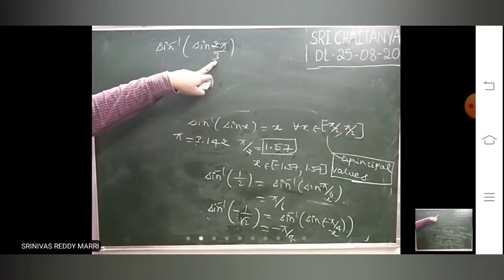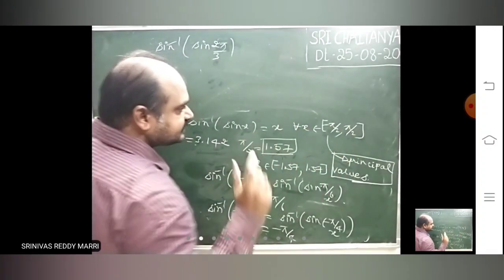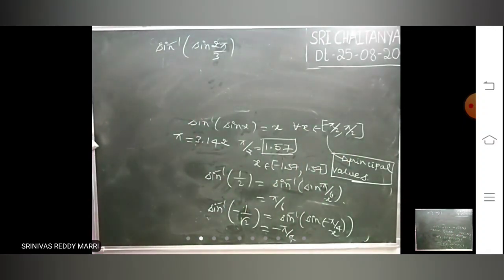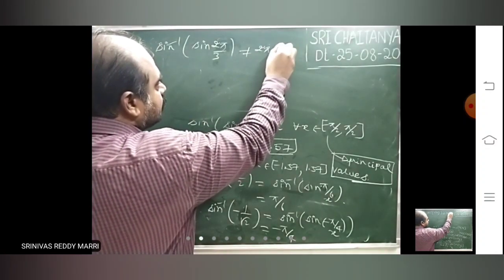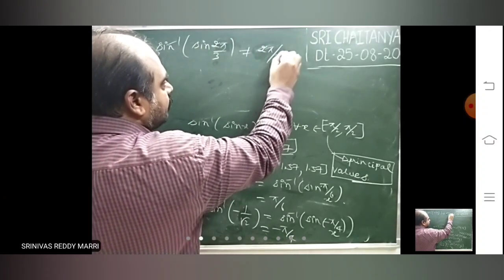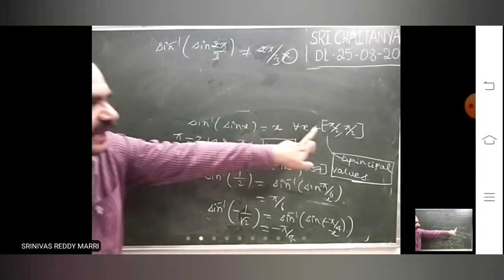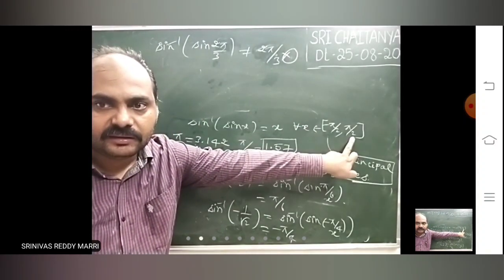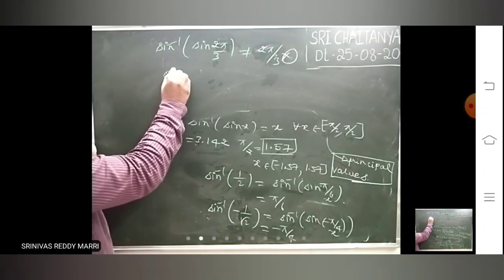Is it lying in this interval or not? 2 pi by 3 means 120 degrees, but this interval is minus 90 to 90 only. Don't write blindly. If you write blindly, it will be wrong, because 2 pi by 3 is not lying in this interval.